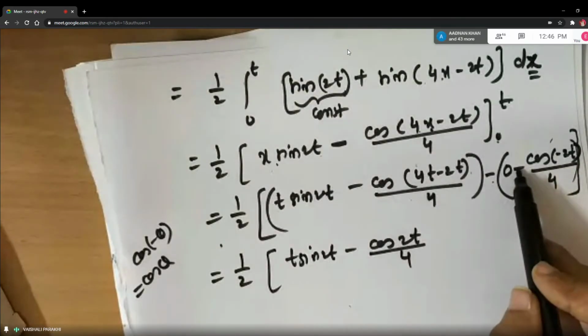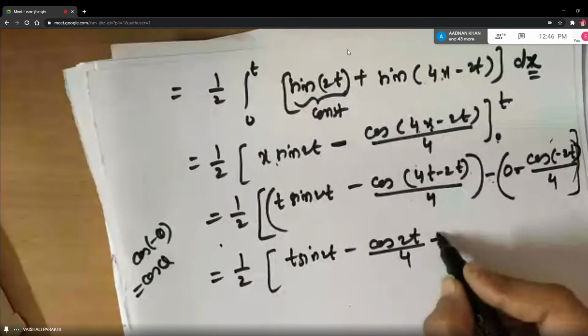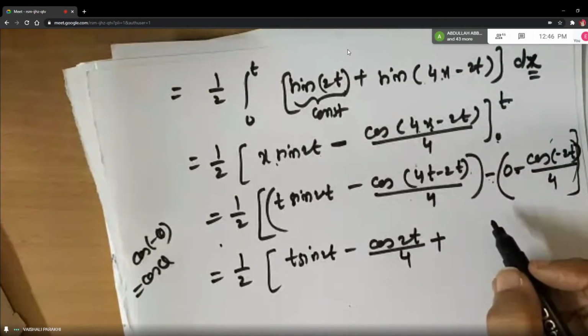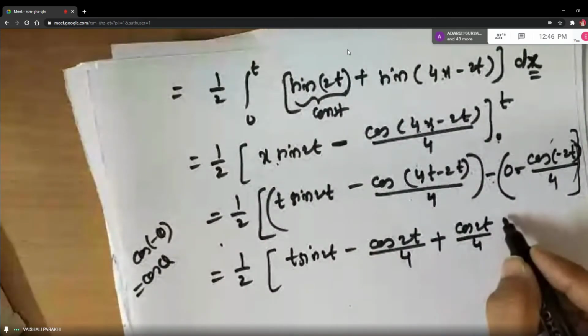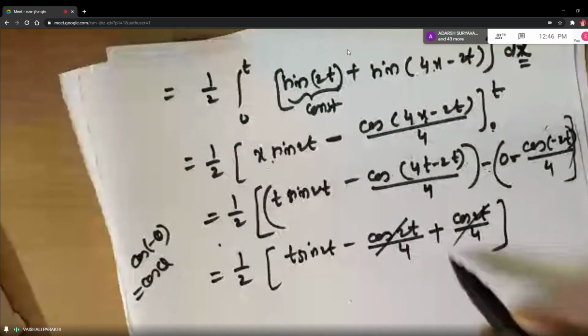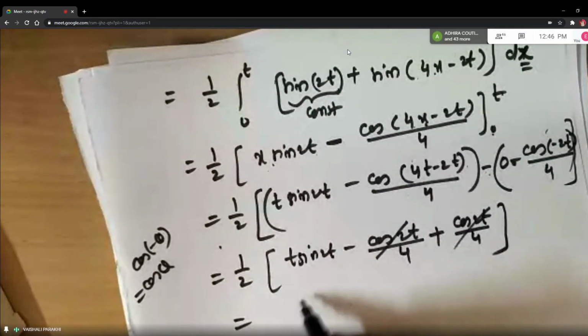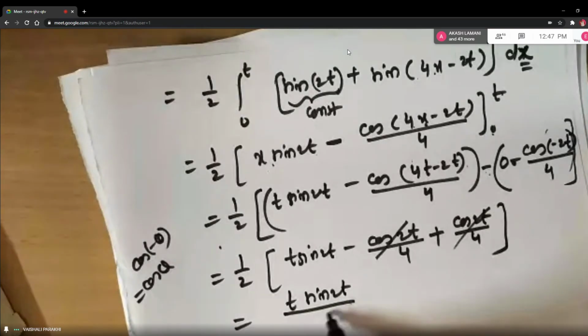But this minus sign and the outer minus sign will make it plus. Correct, no? And it is cos 2t by 4. And this plus minus will cancel, they are equal. So your final answer will be what? t sine 2t divided by 2, no?